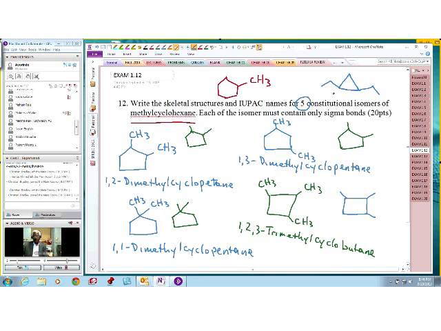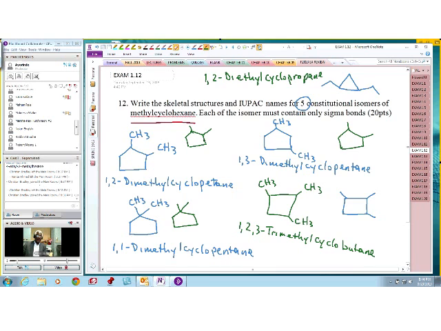So in this case, let me take this out so I could write the name. The name for this will become 1,2-diethylcyclopropane.